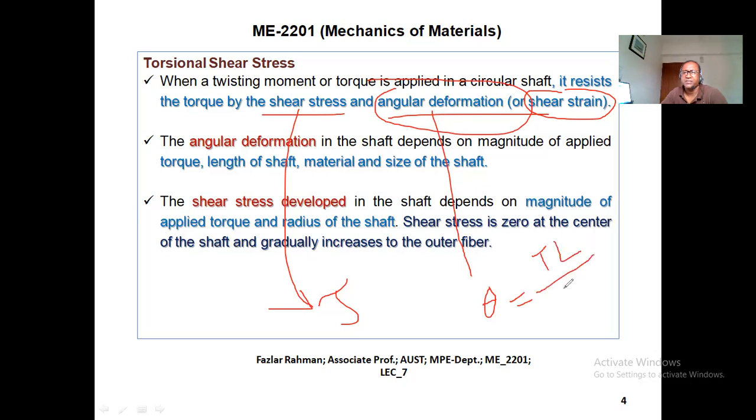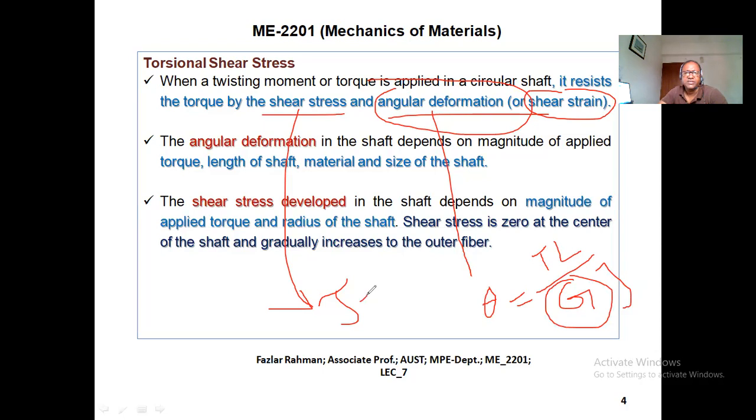TL divided by GJ. T is the applied torque, L is the length of the shaft, J is the polar moment of inertia, and G is the shear modulus.